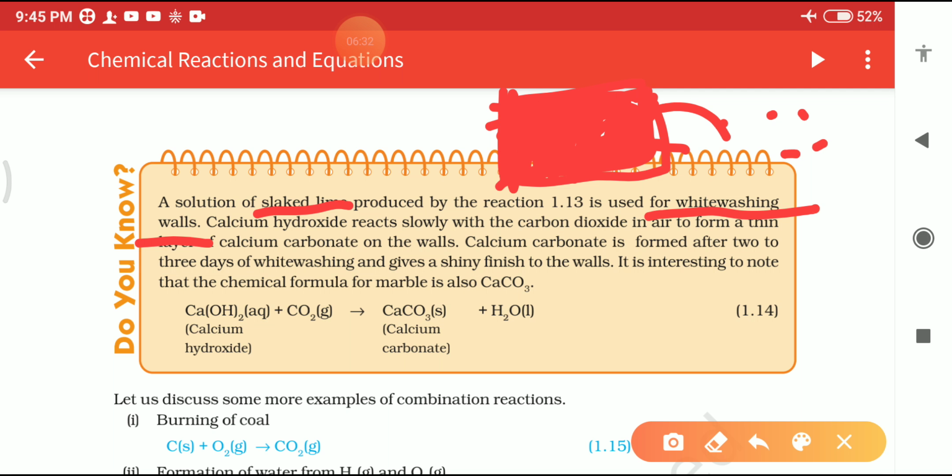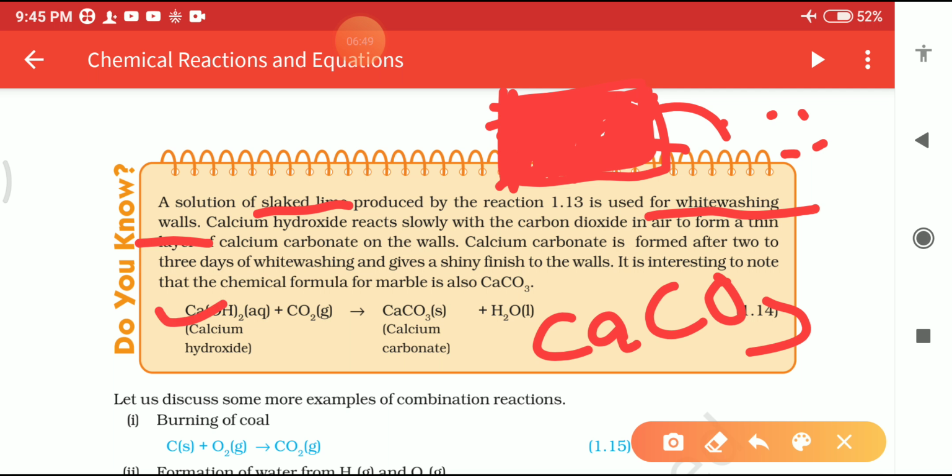Then what will it give rise to? It will give a new product called calcium carbonate. The symbol of calcium is Ca, carbonate is CO3. It means when the calcium hydroxide is in contact with the carbon dioxide, whose physical state is gas here, it will give rise to calcium carbonate and water also.